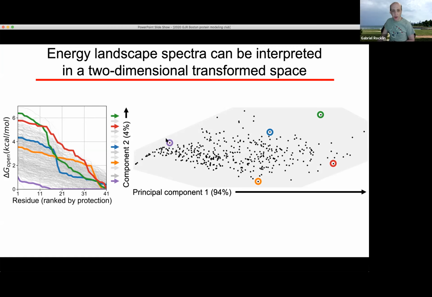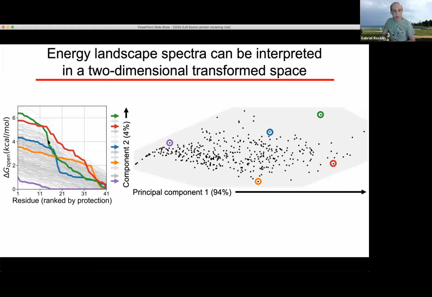So the purple protein, the very unstable protein down here, is all the way on the left on principal component 1. And these highly stable red and green proteins are all the way on the right. So principal component 1 is kind of like overall stability. Now, principal component 2 is basically that cooperativity measure that I was telling you about.